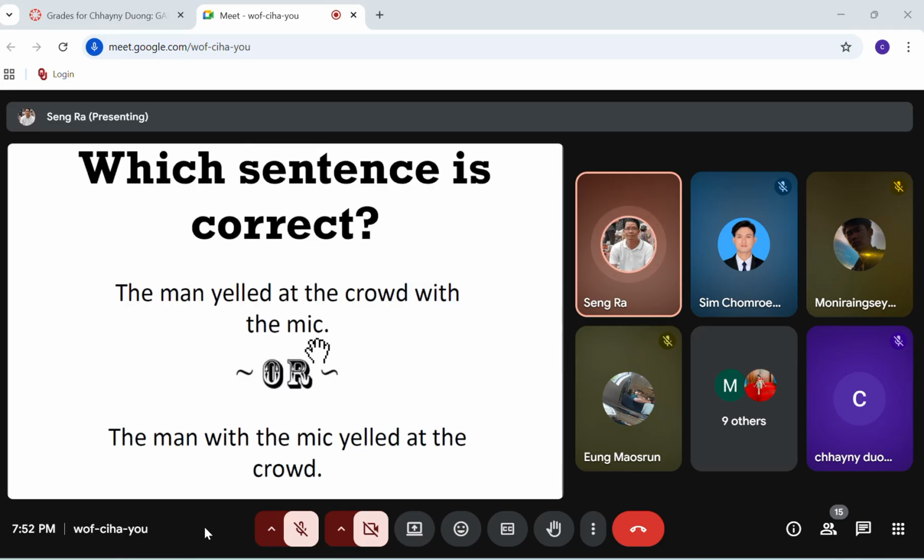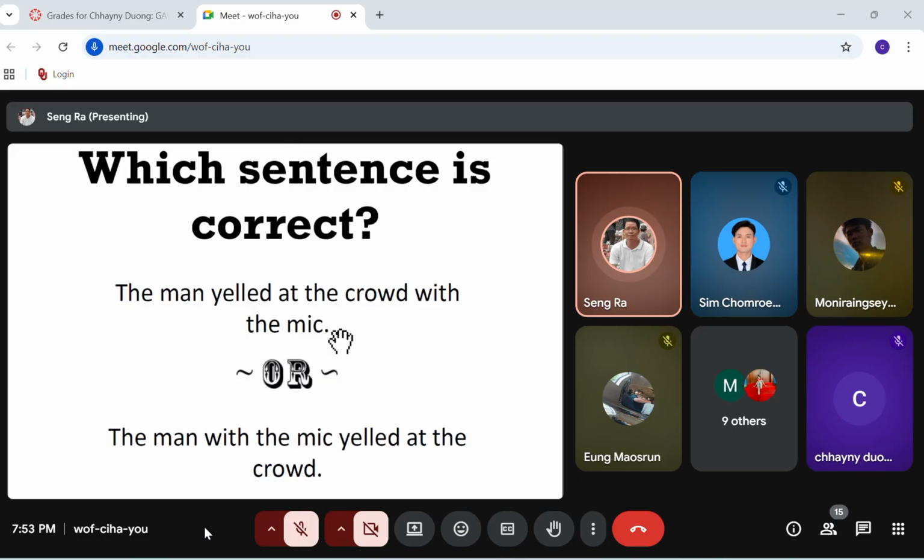But here the prepositional phrase functions as an adjective phrase. It modifies a noun. It's a prepositional phrase, but it functions as an adjective. It functions as a modifier, of course.